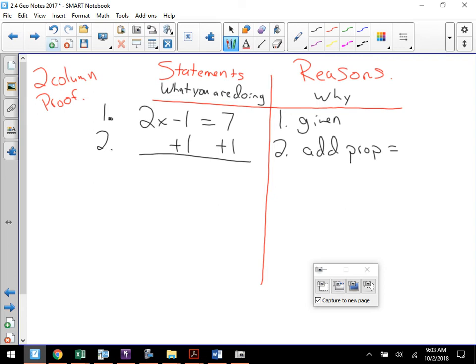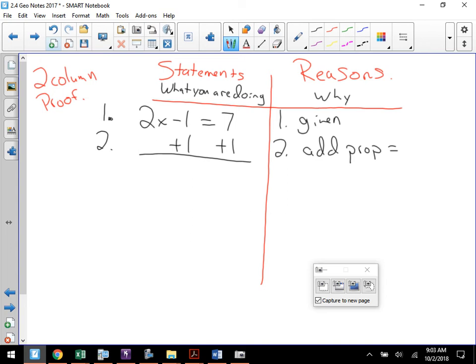I don't want you making up any of your own abbreviations. I don't know what they mean. But if you write add prop equal, I know that's how I would abbreviate addition, property, and equality. Too many words. Add prop equal. So any abbreviation, put it on this list, because I'll let you have this list. This is a legal list to have.